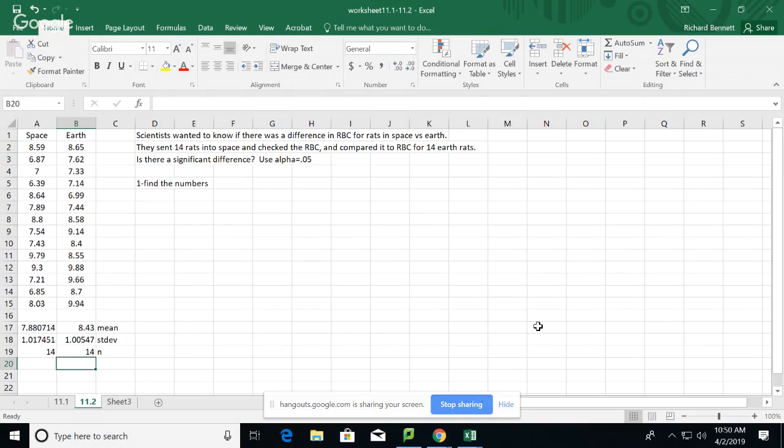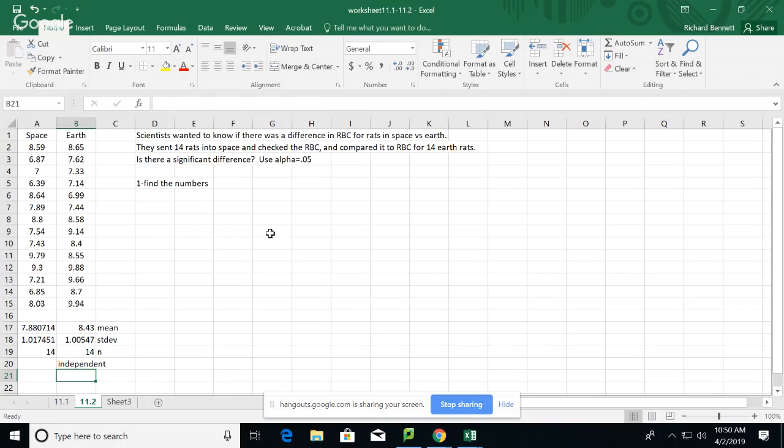No. So if I'm not doing matching, it would be independent. Did I say that they were matched anyway? No, so they're independent. If they're dependent, there's got to be some sort of a match.